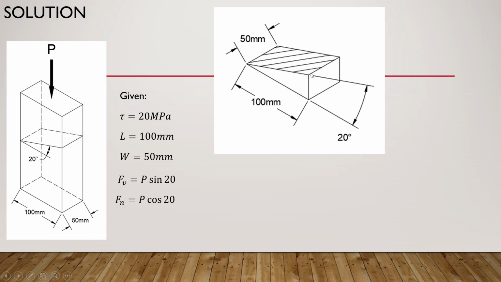So this is equal to 50 millimeters times 100 divided by cosine 20, because the length of the plane is adjacent to the length of the block. From that equation, we calculate the area, which is equal to 5,321 square millimeters.